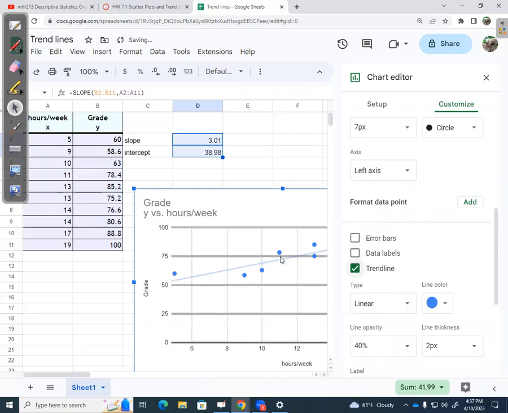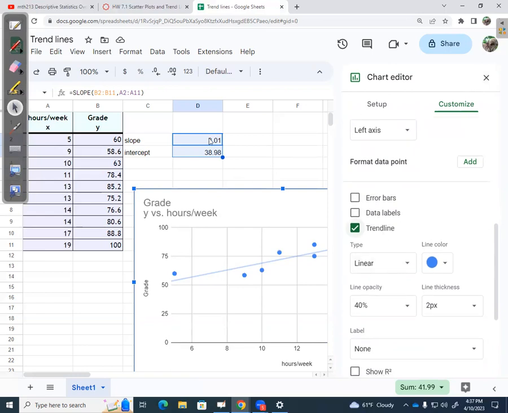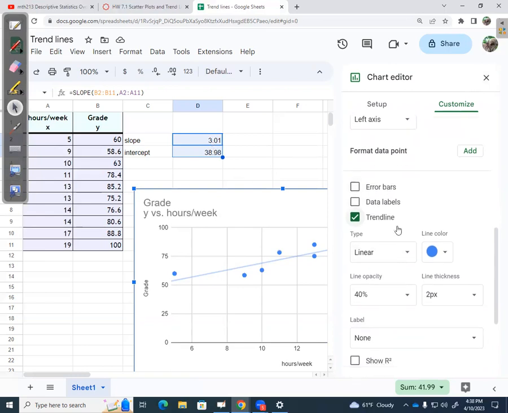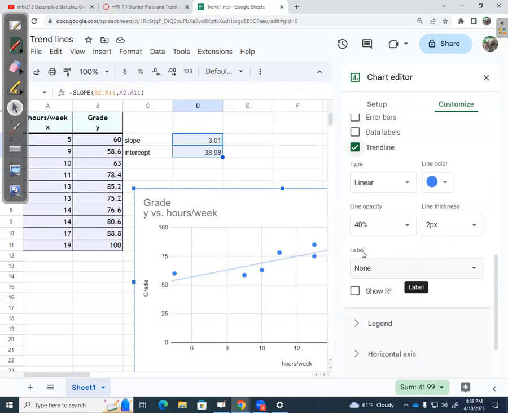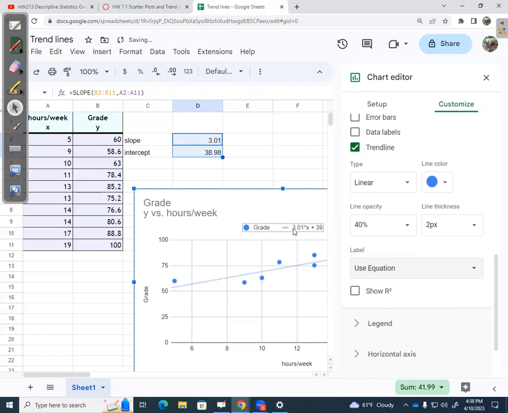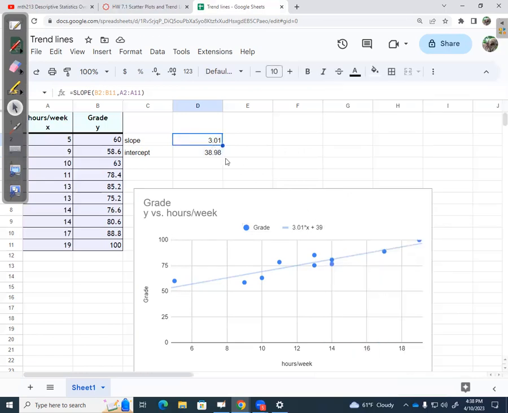And the line it's drawing right here is the one I just calculated the slope and the intercept for. So now I have my line in the graph, and I have its slope and its y-intercept there. Now, you can also display some of that information on the graph by scrolling down, and where it says label, if you change from none to equation, then you'll see that 3.01 slope and the y-intercept of about 39.